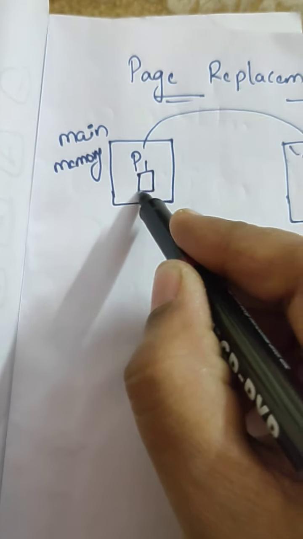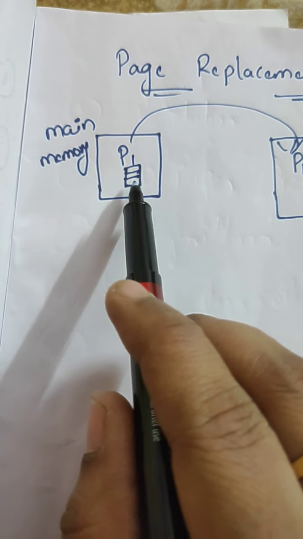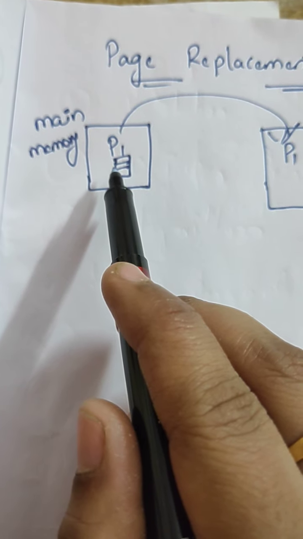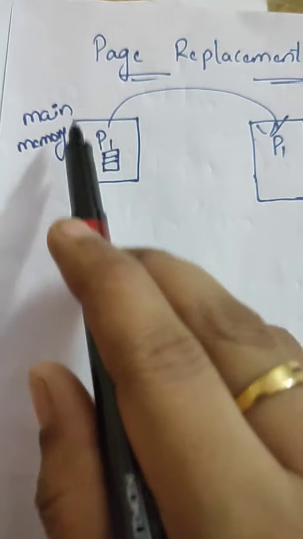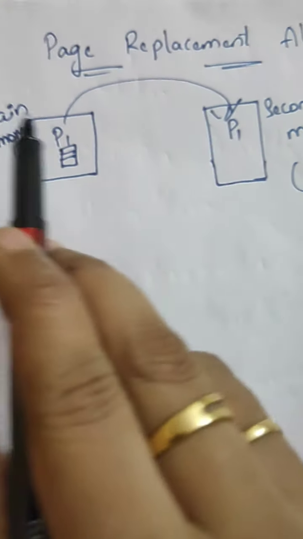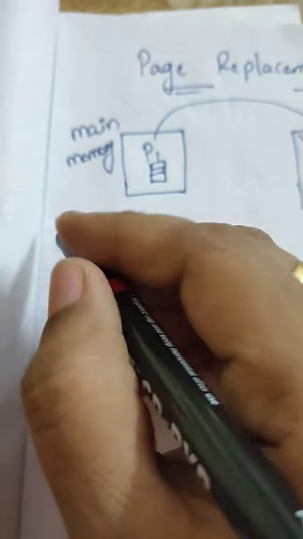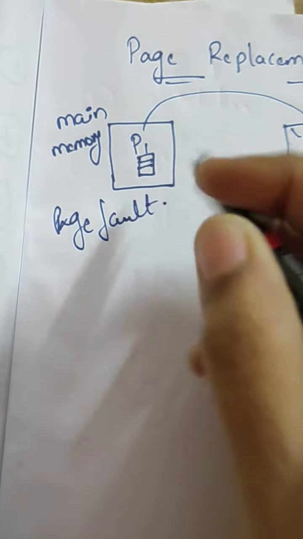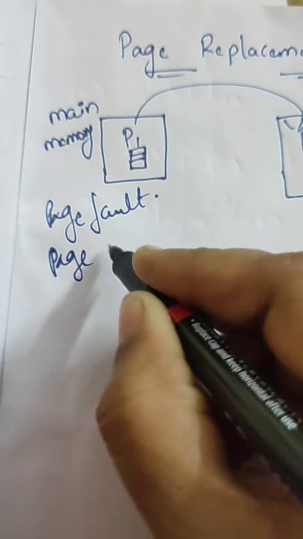So if it demands a particular page, say A, but that page does not exist in the main memory because it has been stored in the secondary memory, then that non-existing page is what is meant by a page fault. If it exists, we say it is a page hit.